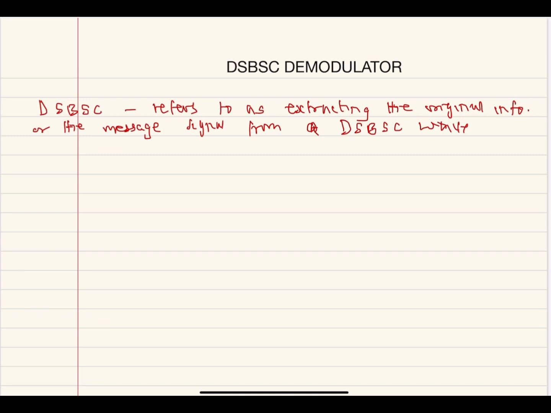If you use a method like the balanced modulator to come up with a resultant modulated wave, at the end of the day you need to demodulate the wave to get the original message back when it gets to its desired destination.